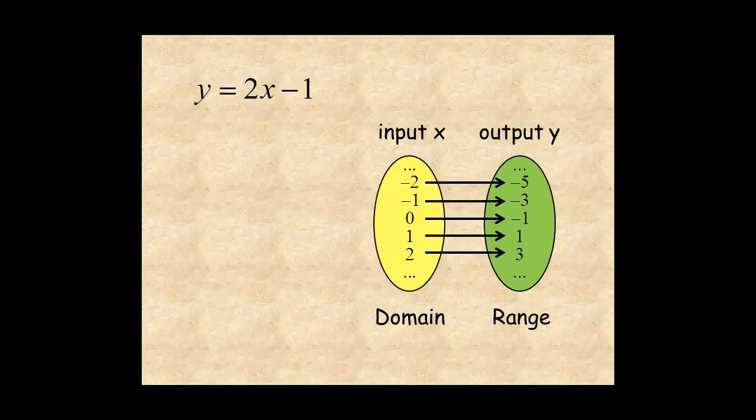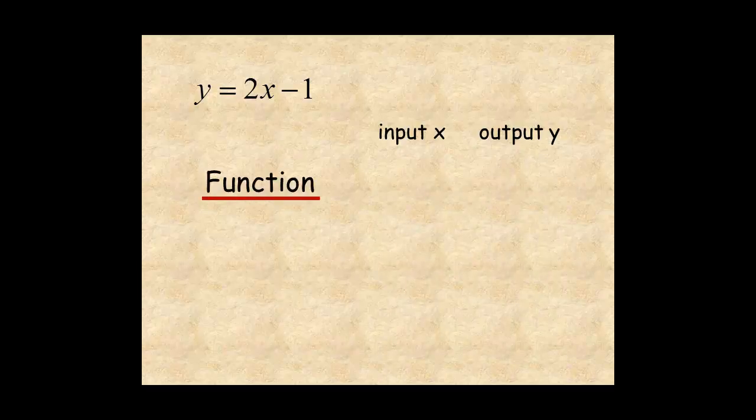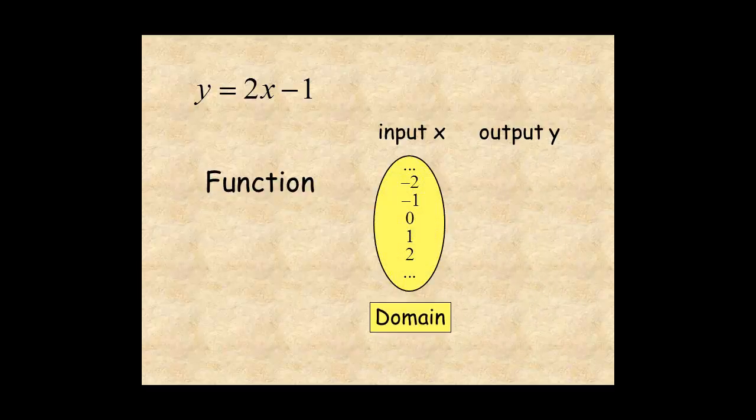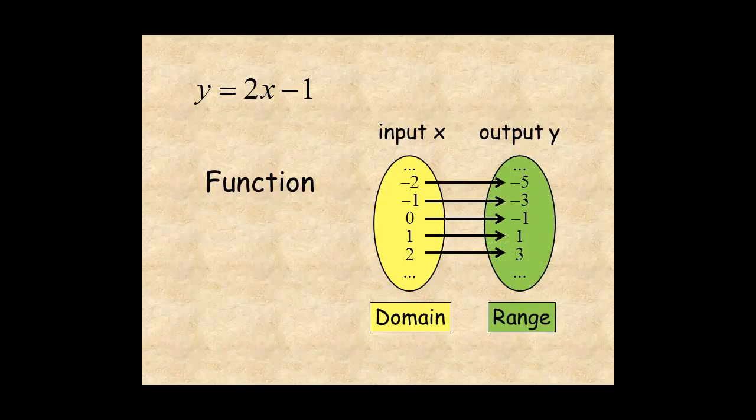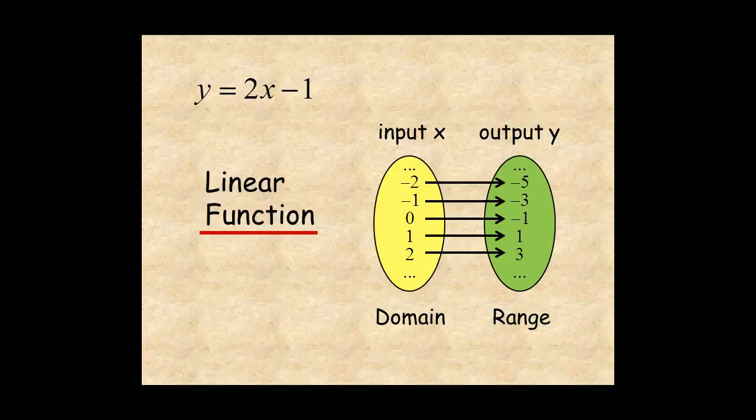Also, this relation is a function because each element of the domain maps to only one element in the range. In addition, this function is a linear function.